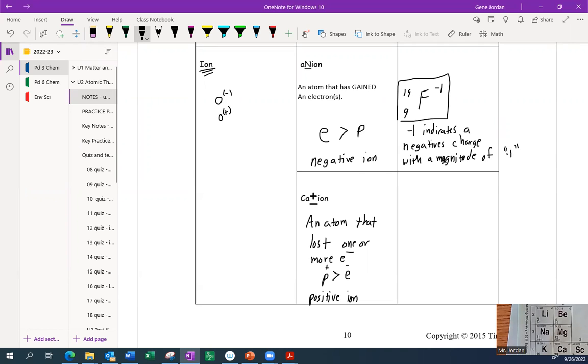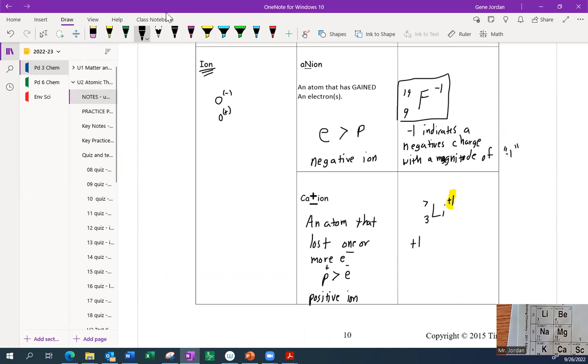Lithium, we write its symbol. And let's say I gave it to you: its atomic number is 3, its mass number is 7. Let's say it carries a +1 charge, which it often does. And it's this part that you can read to tell whether it's an ion or not. It's not very difficult.